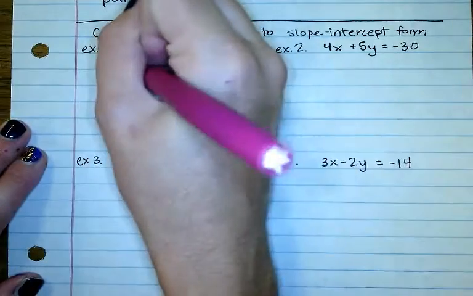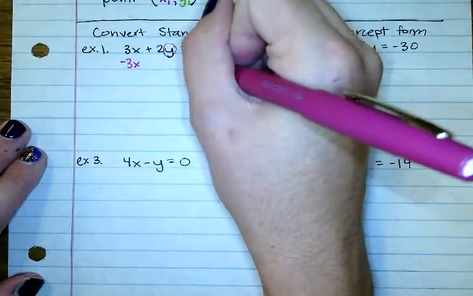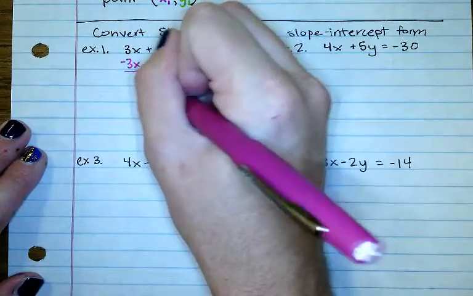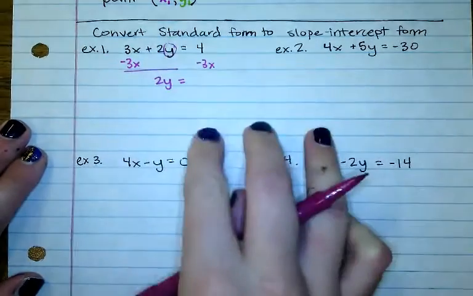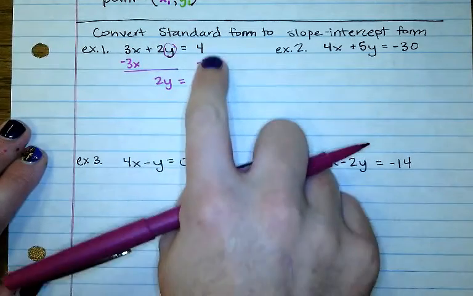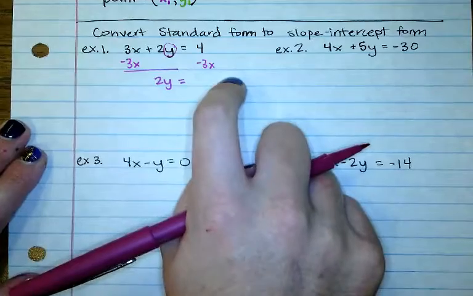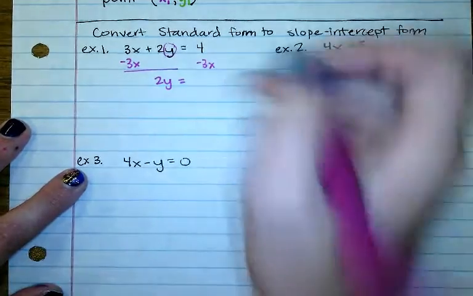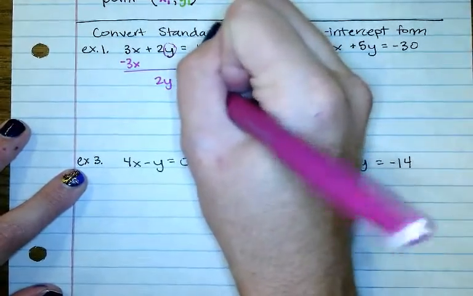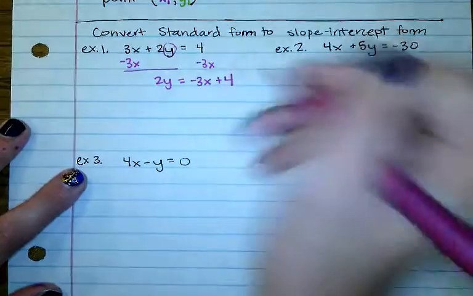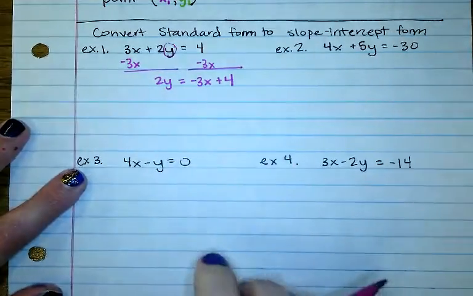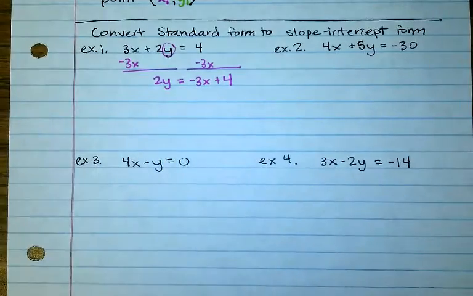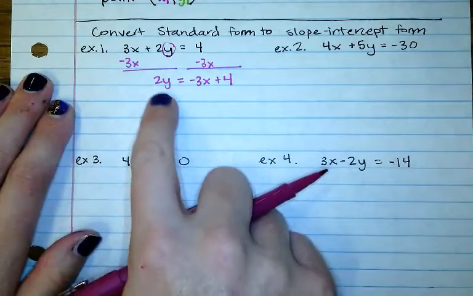So guys, if we subtract 3x from both sides, then we're going to be left with 2y is equal to, well guys, can we do 4 minus 3x? Not really, right? We're going to do negative 3x plus 4. Okay? You can't put them together because they're not like terms, so you have to keep them separated. Okay? And then we have 2y equals negative 3x plus 4.